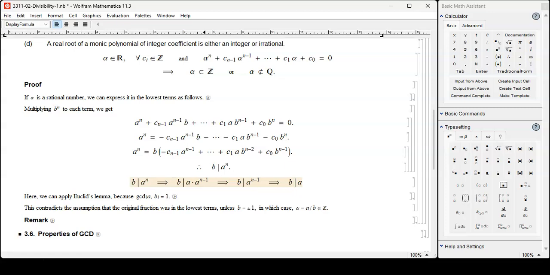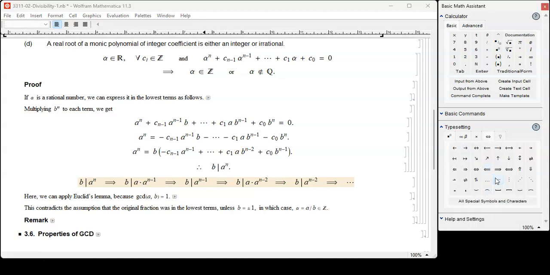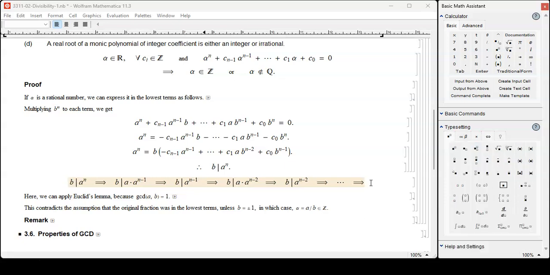b divides a times a to the n minus second power. Again, Euclid's lemma. a and b are relatively prime, so b must divide this. If I repeat this over and over again, eventually, what do you think you're going to get? It divides a to the third power, a to the second power.